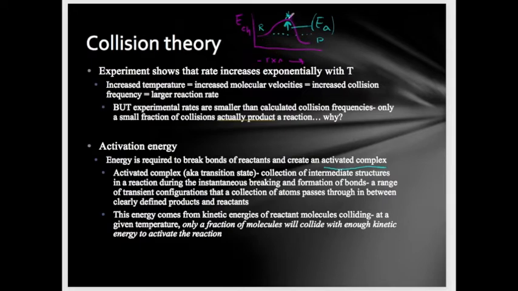So where does the activation energy, the increase in chemical potential energy, come from? It comes from kinetic energy of moving particles colliding. So this energy comes from kinetic energy of colliding reactant molecules. So activation energy is energy that has been transformed from kinetic energy of colliding particles to chemical energy.